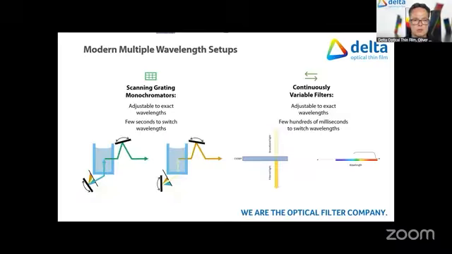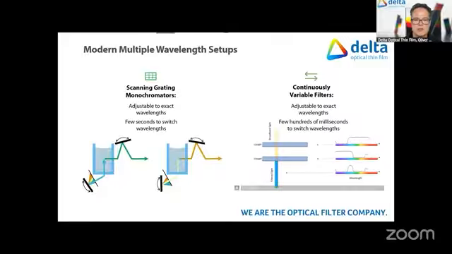Another option is to use scanning gradient monochromators. They can be adjusted to any given wavelength. It can be very fast, within a few seconds. But of course, with monochromators, you are somewhat limited in the bandwidth that you want to excite the fluorophore with, which might diminish your signal. Another option are continuously variable filters.